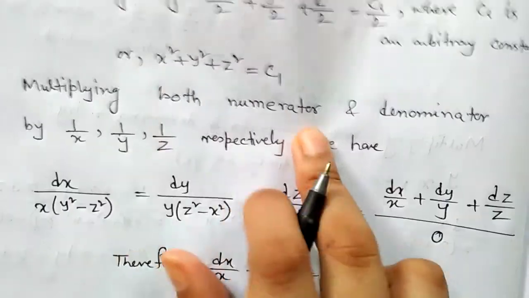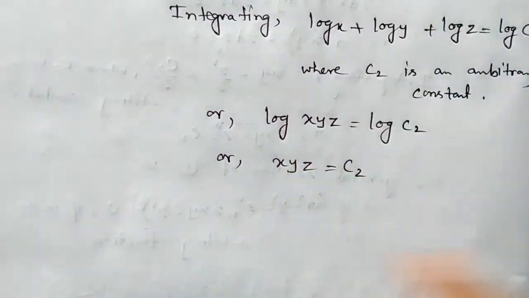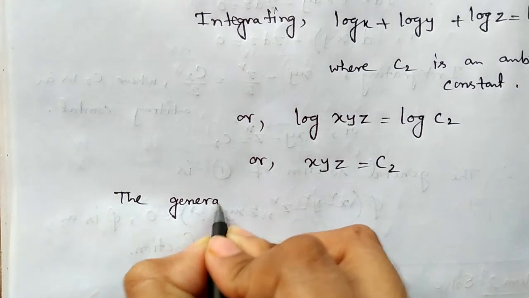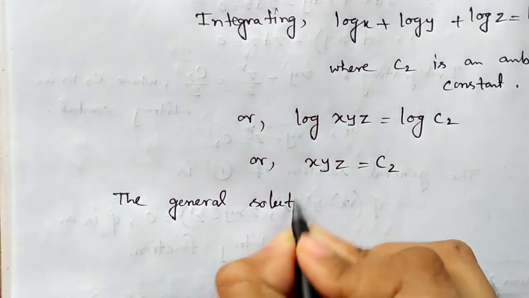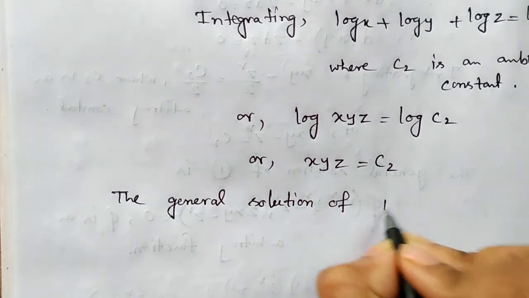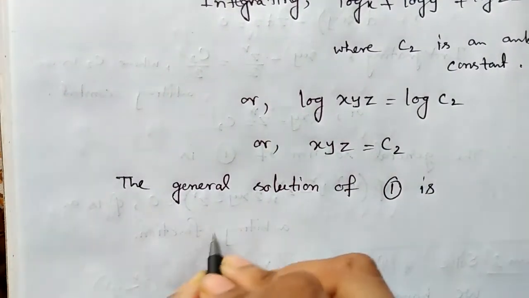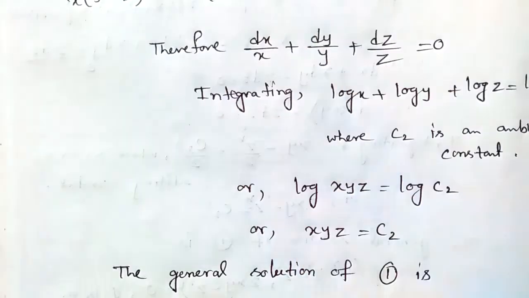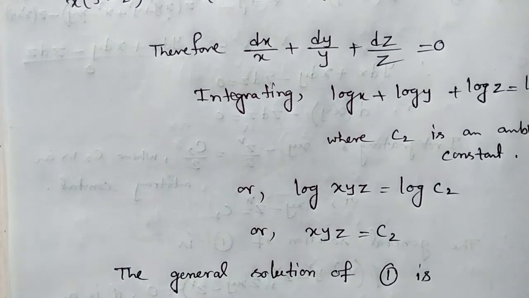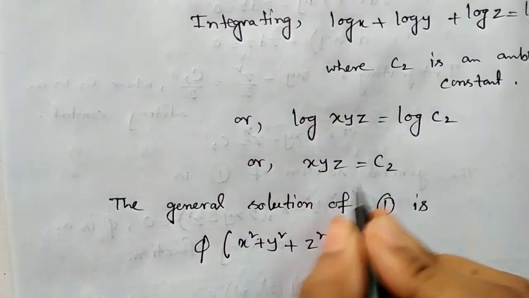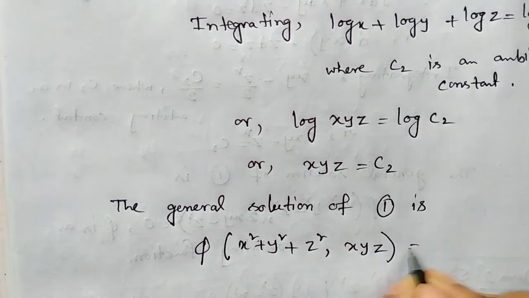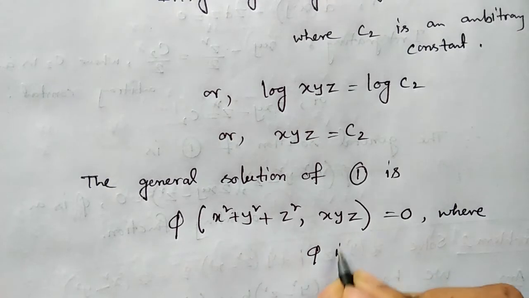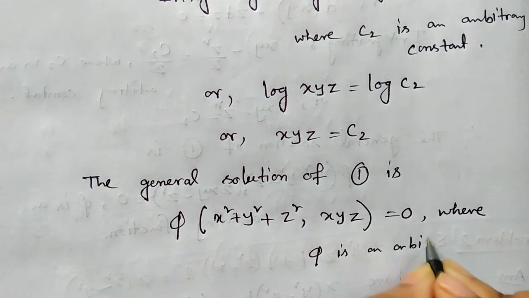So this is our first solution, this is the second one. Therefore the general solution of the given PDE, that is 1, is phi of x² plus y² plus z², and xyz, equal to 0, where phi is an arbitrary function.